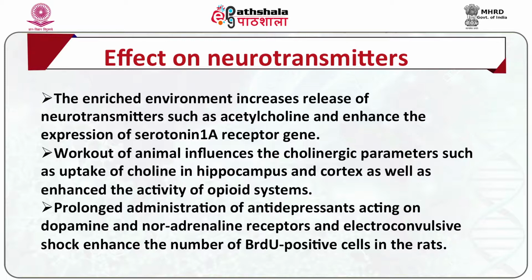Moreover, running or physical activity enhances the activation of monoamines such as serotonin and noradrenaline. These neurotransmitters are also involved in influencing the synaptic plasticity and learning in the adult brain, and monoamines are also suggested to function in the process of neurogenesis.